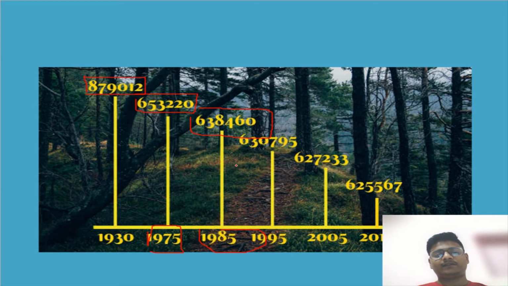In 1995 it decreased, and in 2005 it again decreased. In the 2000s it is decreasing more. So it came from 8,79,012 to 6,25,567. So it rapidly decreased.